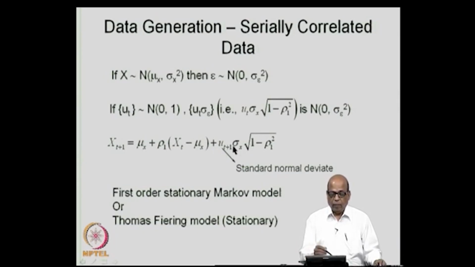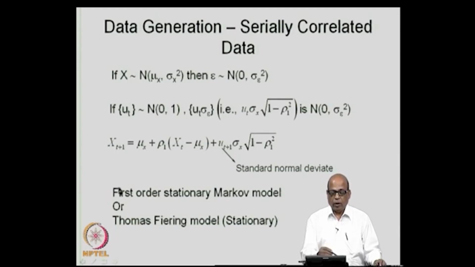So, for x 2, x 1 you have assumed to be equal to mu x, so this term becomes 0, mu x is the long term mean and sigma x is known, rho 1 is known, and this standard normal deviate you pick up from the table or any of the functions that are available. So, you get x 2.